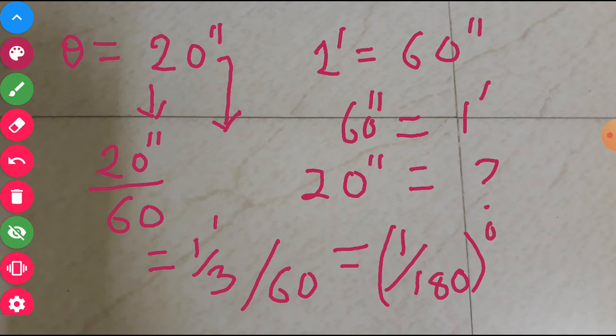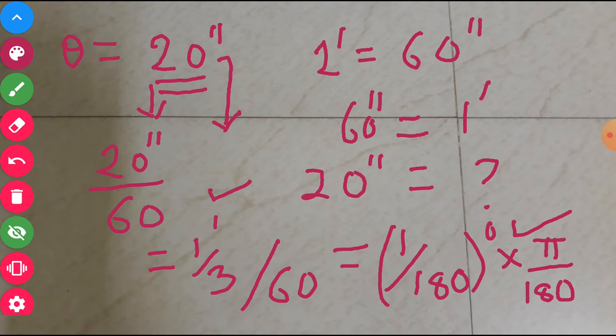So first you have converted into minute, and then you have converted into degree. Now if you want to convert this into radian, multiply this by pi upon 180, and that answer will be the conversion of this 20 seconds into radian.